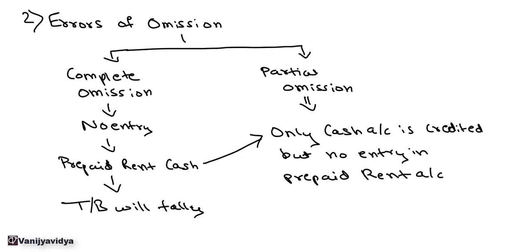So now what has happened, entry has been passed in the cash book, so cash account is credited but no entry in the prepaid expense. So this is known as partial omission. Now this error will be reflected in the trial balance, and the trial balance will not tally in this case. Since the entry is recorded partially, your cash account is affected but the prepaid rent account is not affected. So trial balance will not tally in this case.